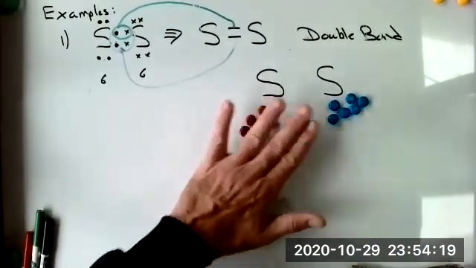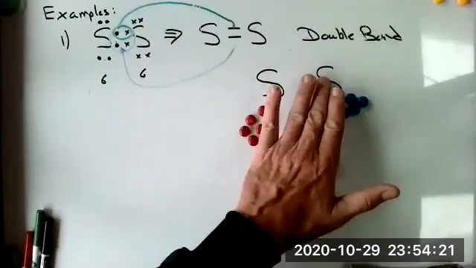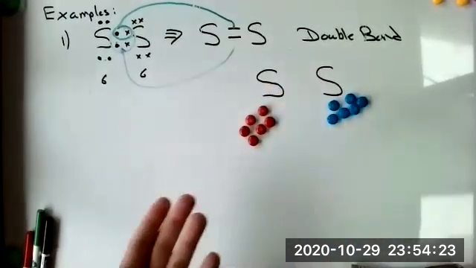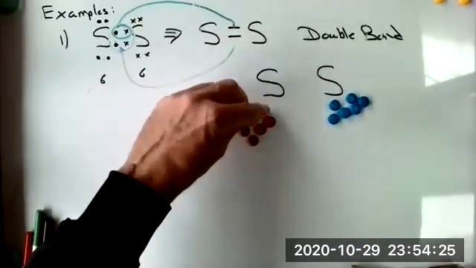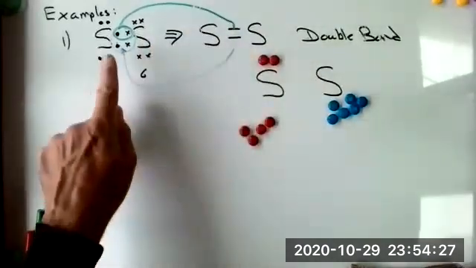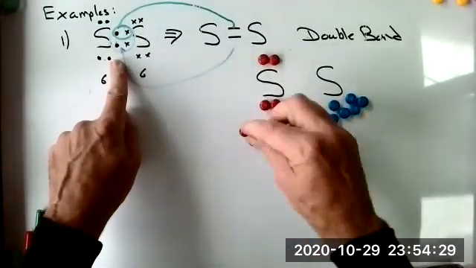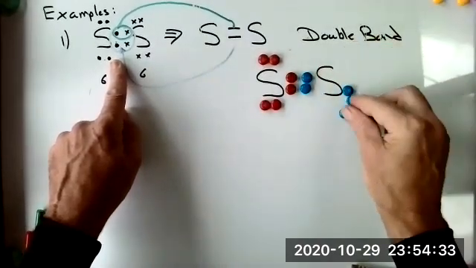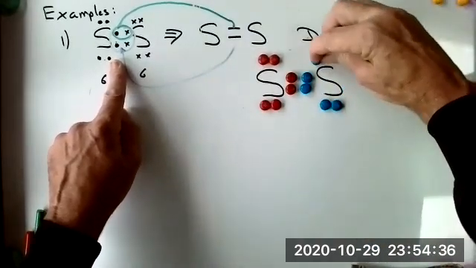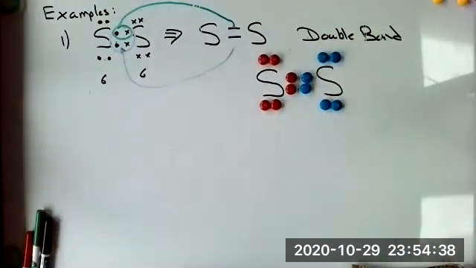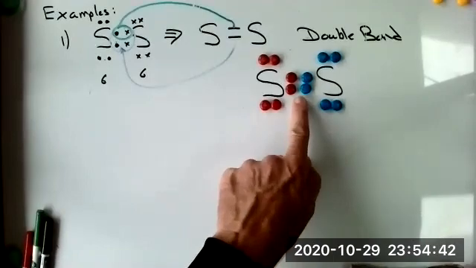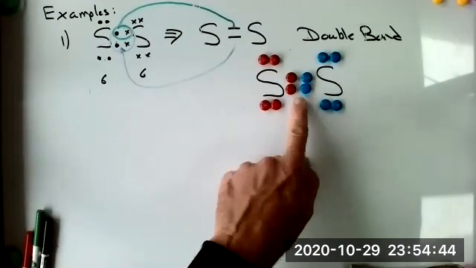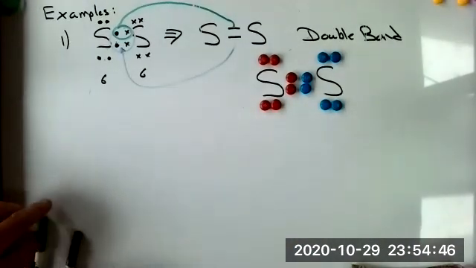You can take these 6 and place them anywhere you want around him. But in the end, we're looking for, obviously, an octet. And what I drew here is the same thing that you would see. Here comes his 2. Here comes his 2. And so you can see it visually as well, using M&Ms. And there is that double bond.